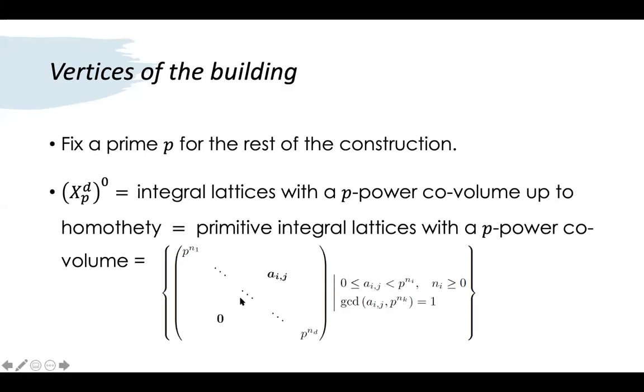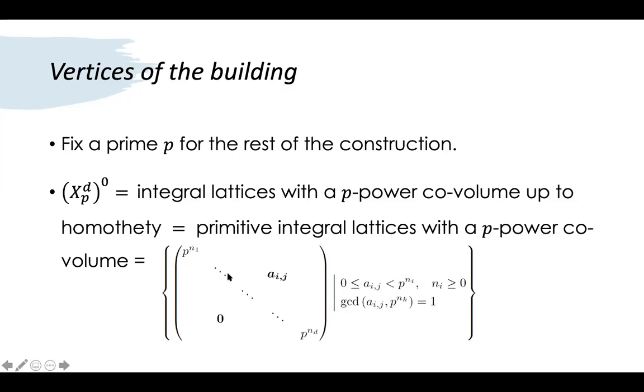And so on. Every row is conditioned by the p-power on the left side of the row. My last condition is that the GCD of all the numbers in the matrix should be 1. This will ensure that this is actually a primitive lattice. If the last condition was not true, this wasn't the primitive representative of the homothetic class.